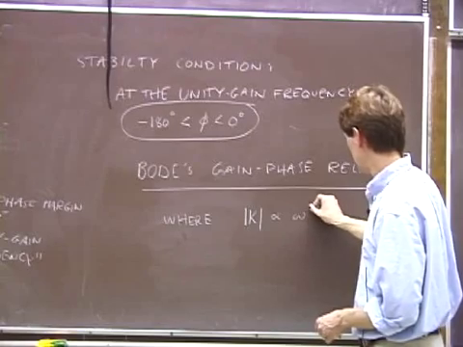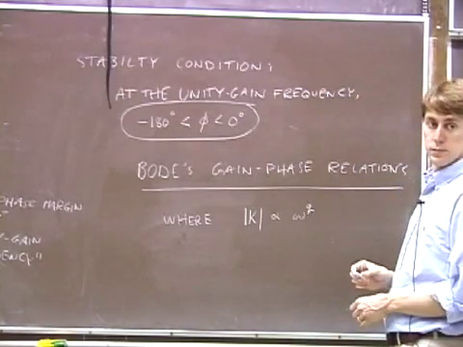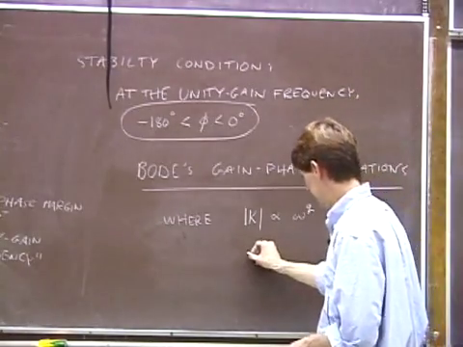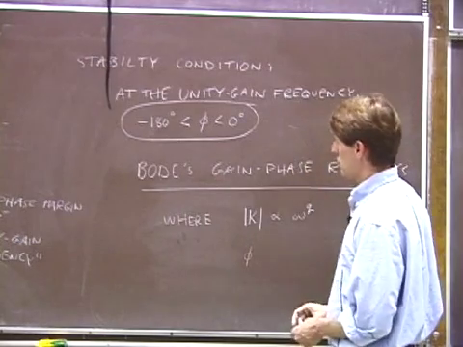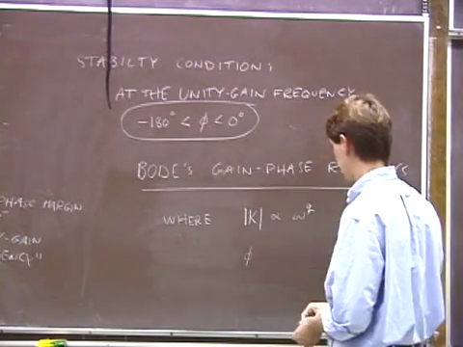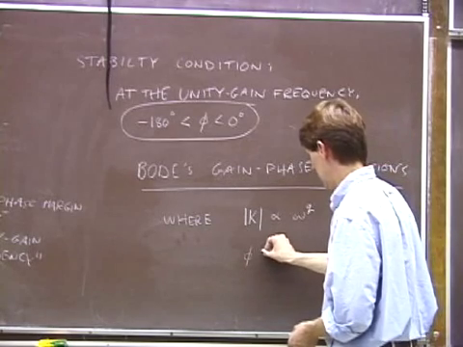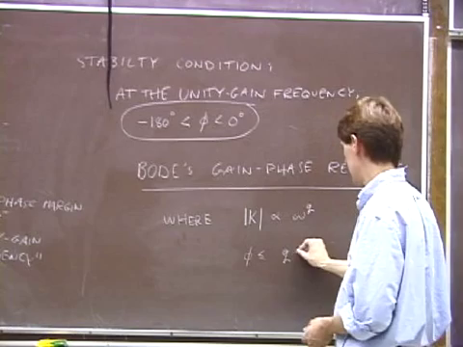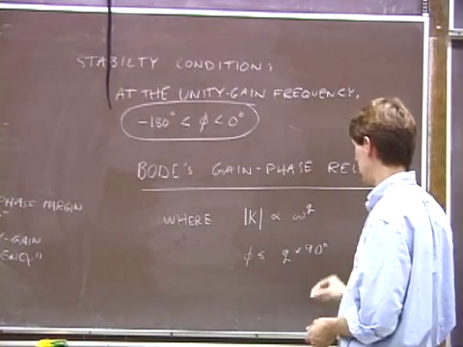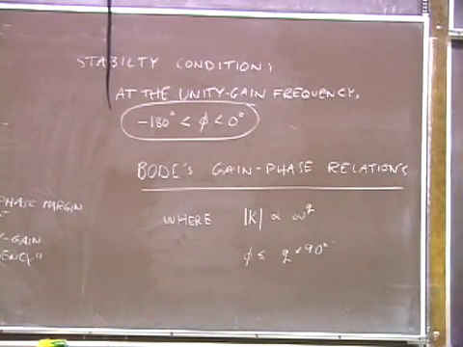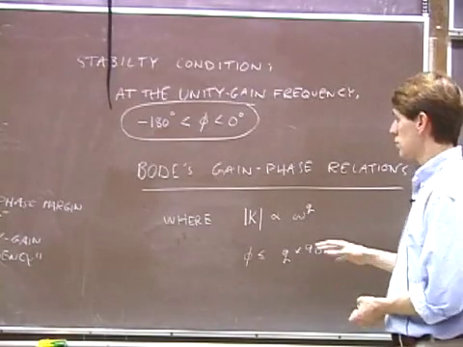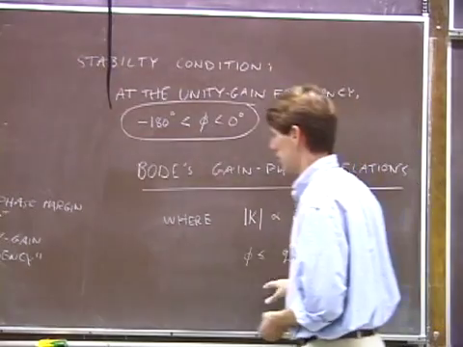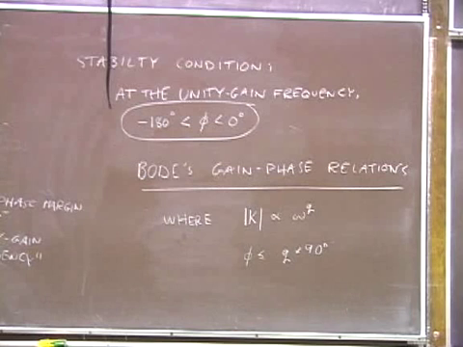Omega to the Q. The phase, not the phase margin, but the phase, this guy, has to be less than or equal to Q times 90 degrees. And this is one of the things that we use a lot: we say, oh, well, if we need so and so much phase margin here, then we'll just simply roll it off according to this frequency dependence.